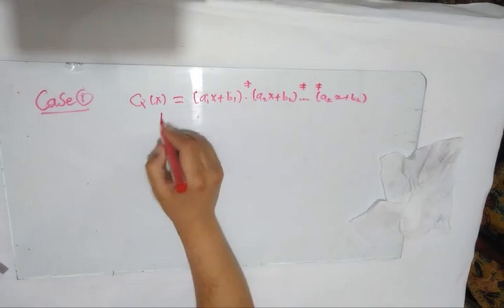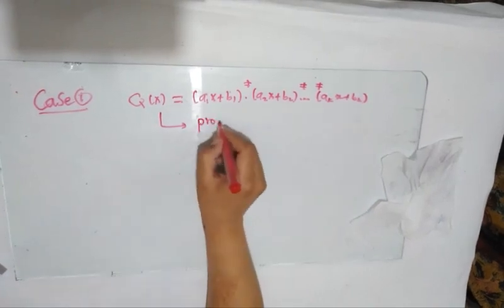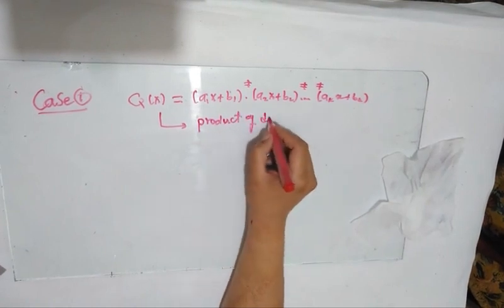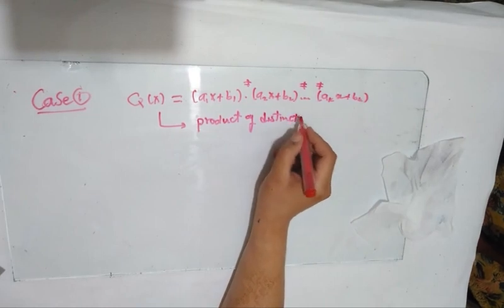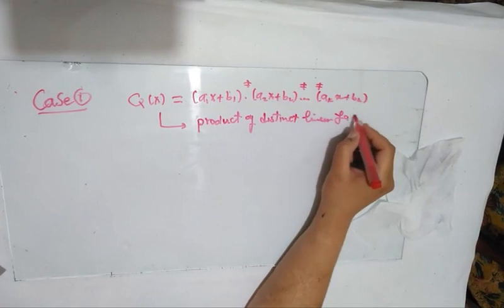So we can say q(x) is a product of distinct linear factors.